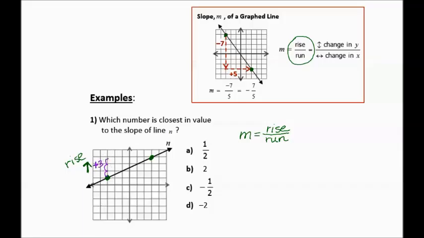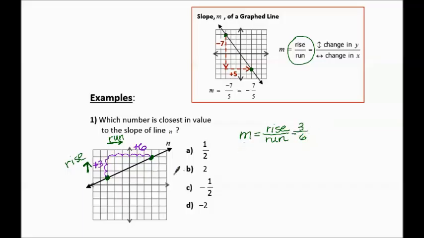And then we're going to find our run, 1, 2, 3, 4, 5, 6. Positive 6, because we also went the positive direction. So our slope here is the fraction rise on top, 3, over run in the bottom, 6.